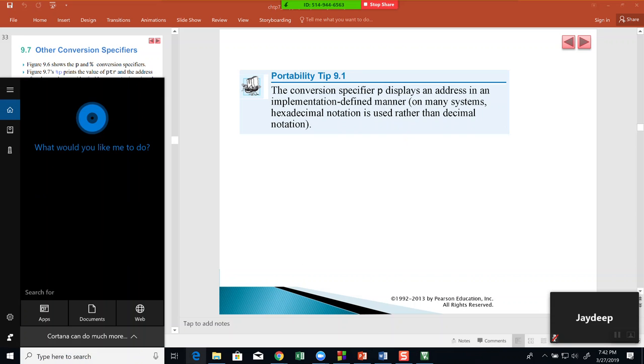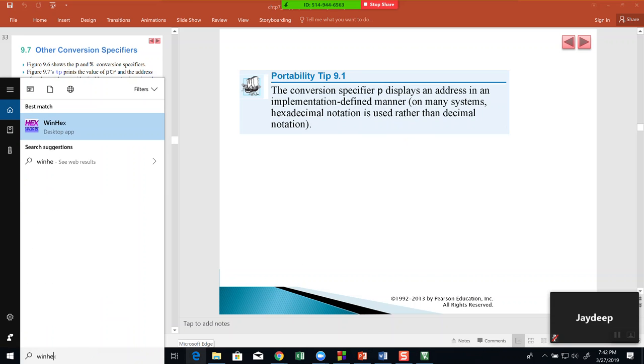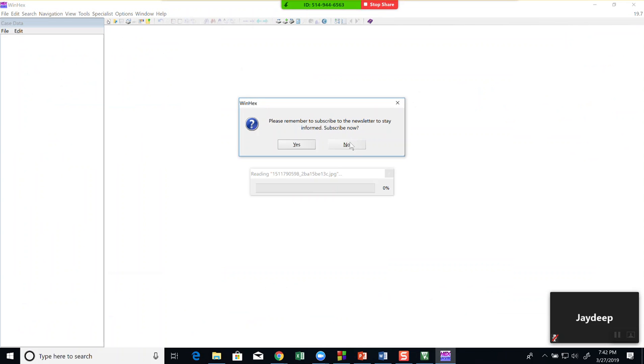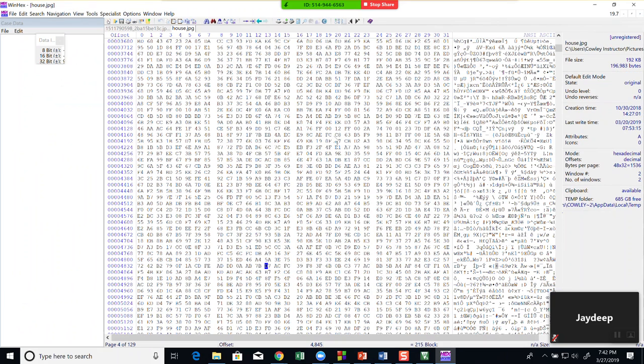There's a reason why they torture you with that class where you learn all that, like WinHex. If you look at the binary behind that, it's in hexadecimal format. So when you look at all this, that's the format it's in. If you're editing a file, you cannot edit it in decimal format. It has to be in hex.